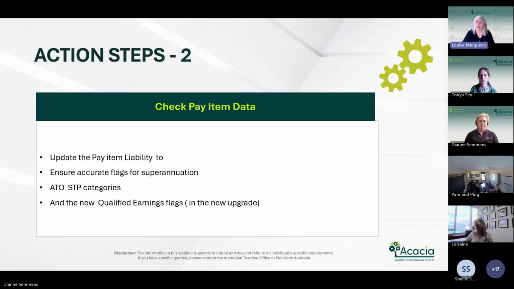So it's always good to check that, especially in case you've had any changes to your awards as well. We've also got, of course, the ATO STP categories, and a reminder that allowances have 16 different categories of STPs. A lot of people still haven't got those, let's say, tool allowances or car allowances, kilometre allowances correctly flagged. So making sure you cross-check all of those.